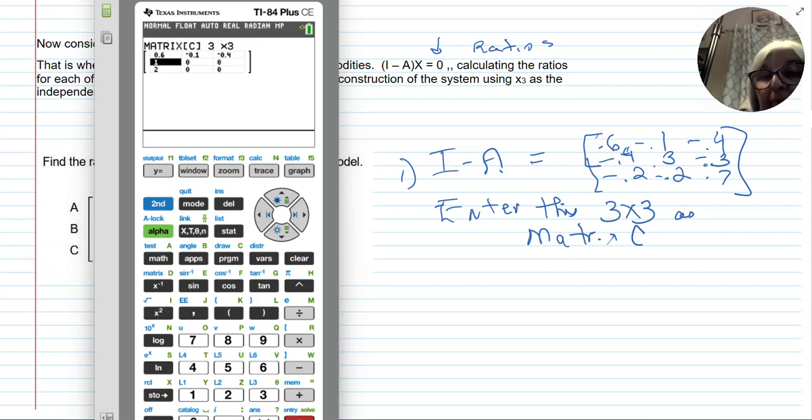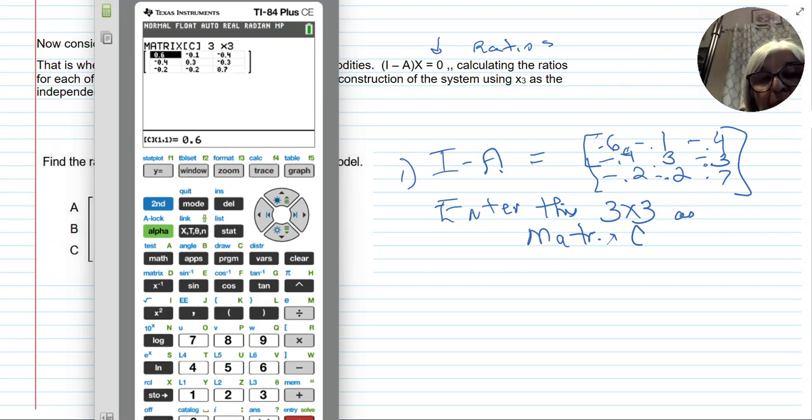Okay, negative decimal 4. 3, sorry. Negative 0.3. Negative 0.2. Negative 0.2, making sure I've got decimals and entering the appropriate numbers, and 0.7.